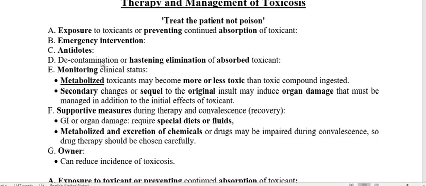Once the toxicant or poison gets absorbed, after getting symptoms and antidotal therapy, we also have to think about how to increase the rate of excretion of the toxicant or poison. For that, we have to go through decontamination, or hastening or increasing the elimination of the absorbed poison or toxicant.